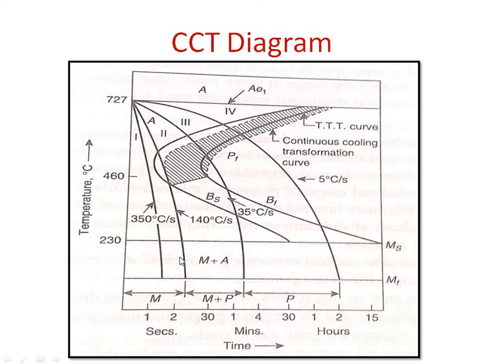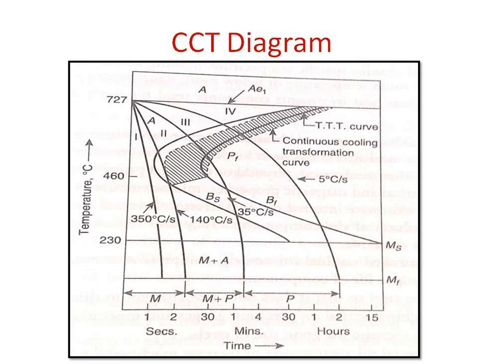For hardening, the diffusion transformation should be stopped so that the austenite transforms to martensite by diffusionless transformation. The rate of cooling necessary to just suppress the diffusion transformation, or to avoid the nose of the isothermal transformation diagram, is called the critical cooling rate.